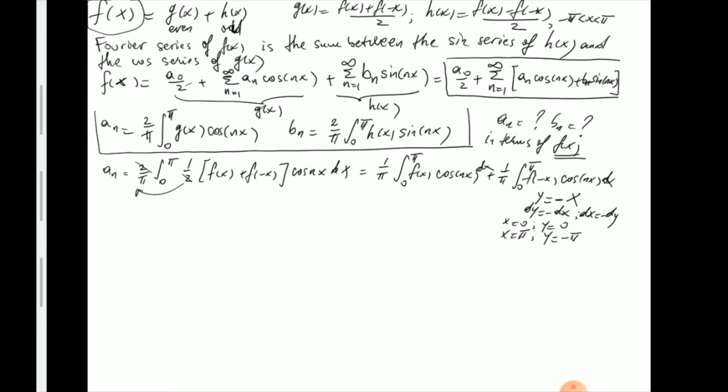All right, so let's continue. Again, we copy the first part. And the second part becomes now the integral from 0 to minus pi, and minus x becomes y, and x inside the cosine becomes minus y, right? So it's going to be minus ny inside of that cosine, and dx becomes minus dy.